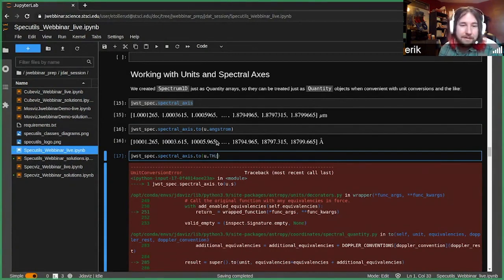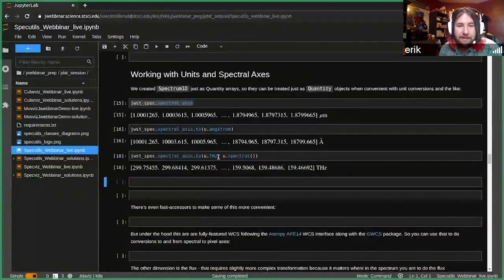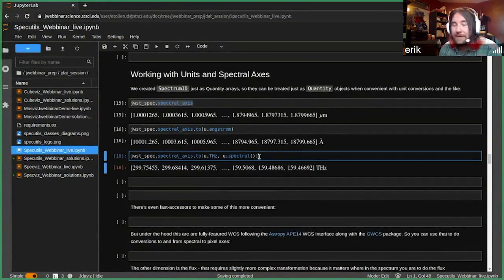But if you want to convert to frequency, you just need to tell it, I'm in a spectral context, and then it will do that for you. That's what this u.spectral thingy is saying: trust me, this is a spectrum. I know, don't freak out. You're okay, computer. And indeed, it does its switch over, and this is now that same spectrum, but in terahertz instead of angstroms.